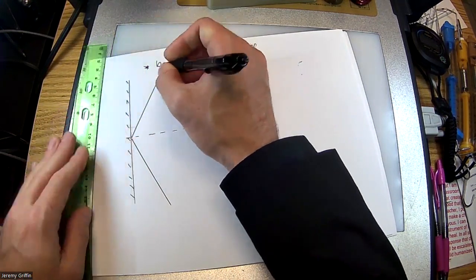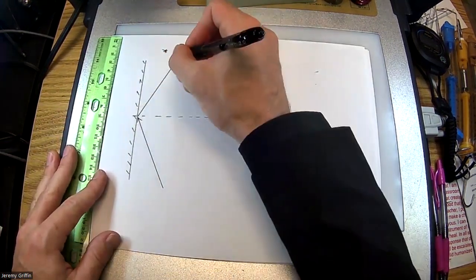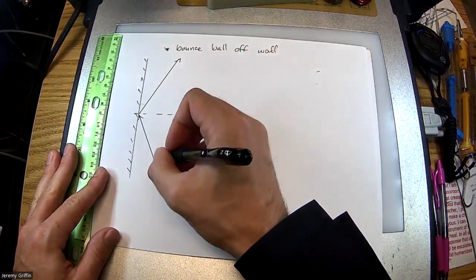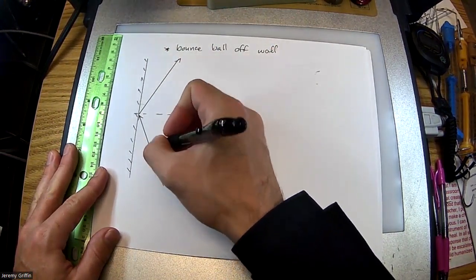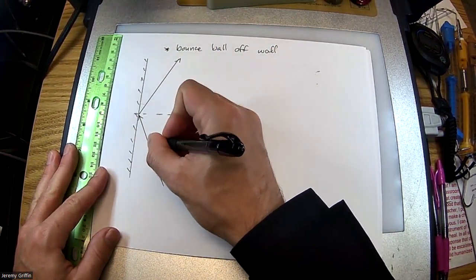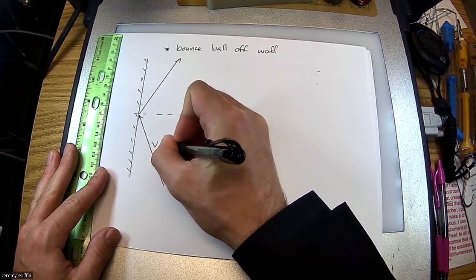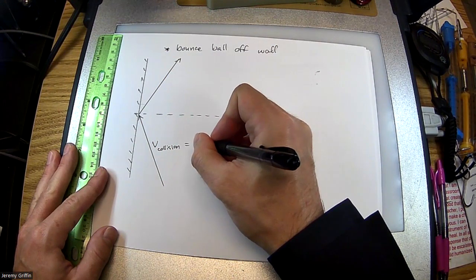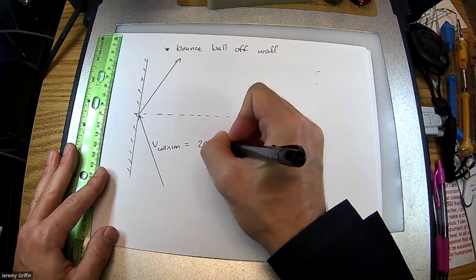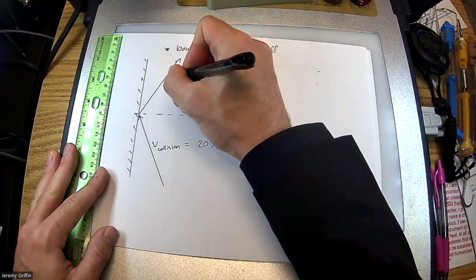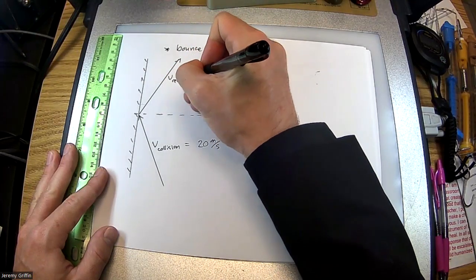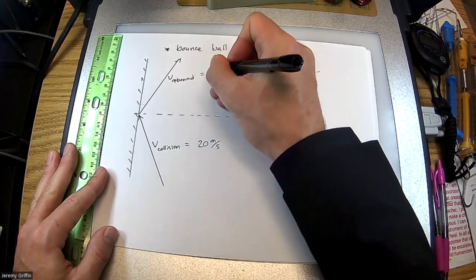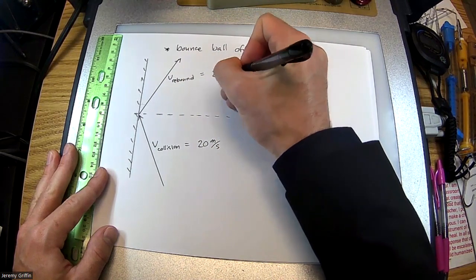Let's say this collision happens to be what's called perfectly elastic, so it doesn't actually lose any speed. Let's have V collision be about 20 meters per second, and a V rebound. Now these are speeds, so also 20 meters per second, because I'm just telling you the magnitude there.